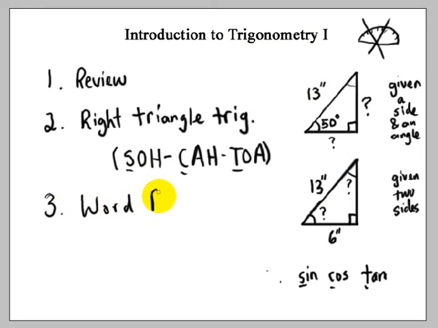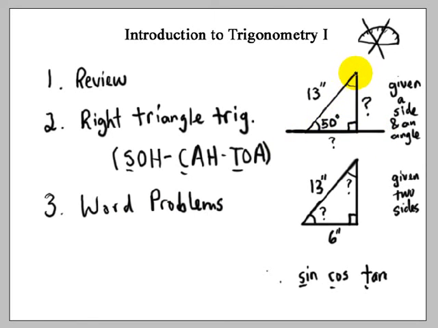We always have to do word problems in math, whether we like it or not, because very naturally trigonometry happens to come up in very natural kinds of problems. For example, in this picture right here, why don't we pretend that this is the ground?